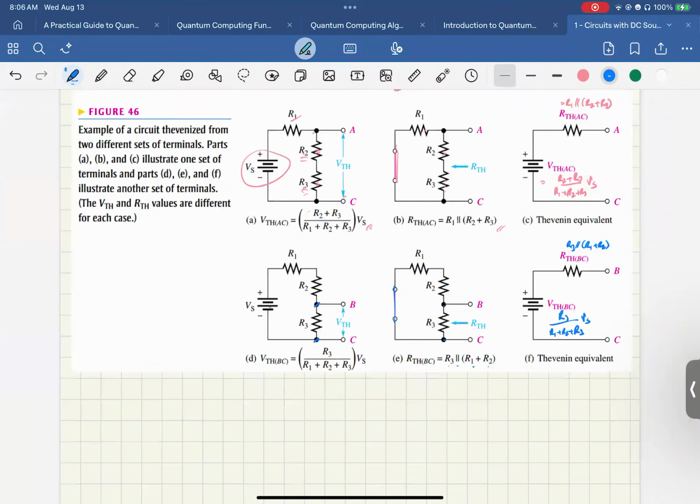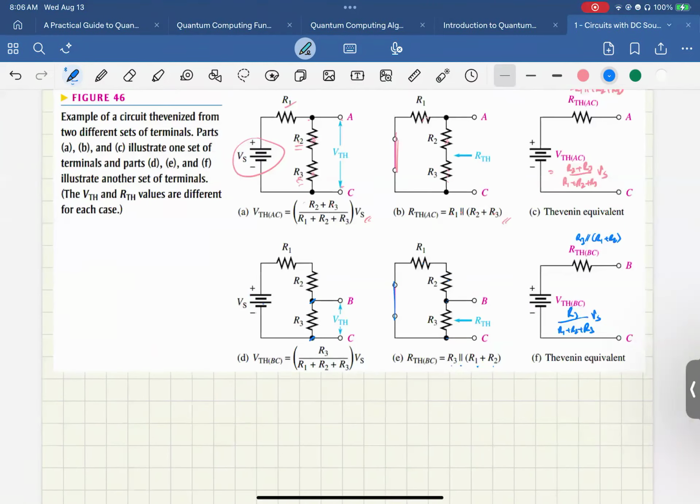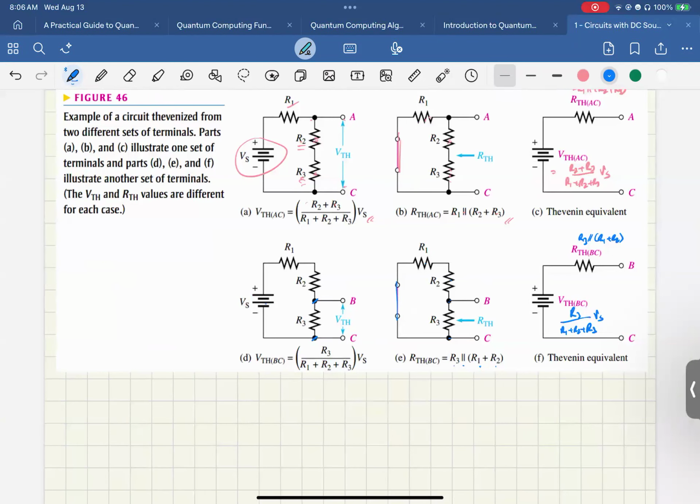Okay? So this demonstrates na nagde-depend yung equivalent Thevenin circuit sa kung saan dalawang terminals kayo tumitingin.